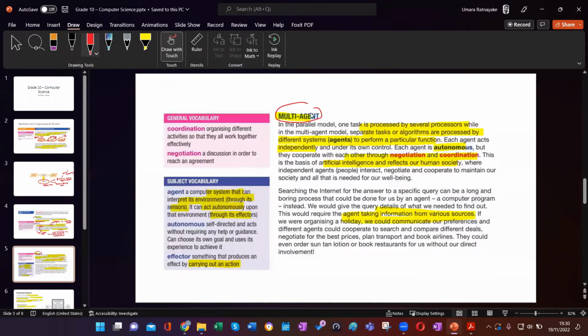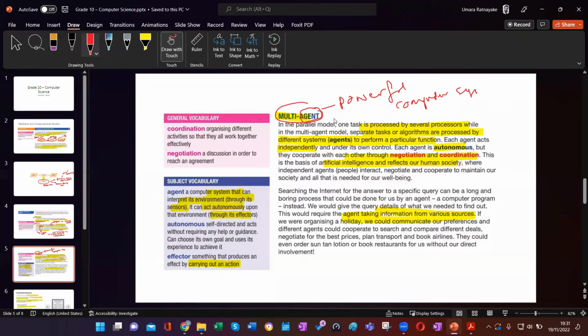In multi-agent, we are talking about agents. Agents are more powerful computer systems. These are not just laptops or PCs, these are like mainframe computers or supercomputers, and obviously you can imagine their processing power, their capabilities are really high.